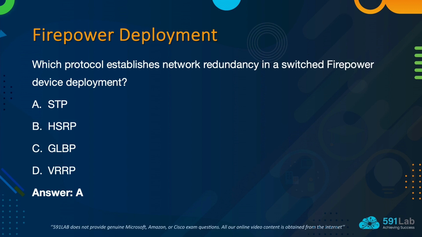HSRP, VRRP, and GLBP, while valuable for gateway redundancy, wouldn't directly address potential path failures within the switched network that could impact firepower functionality. Hence, the answer is spanning tree protocol.